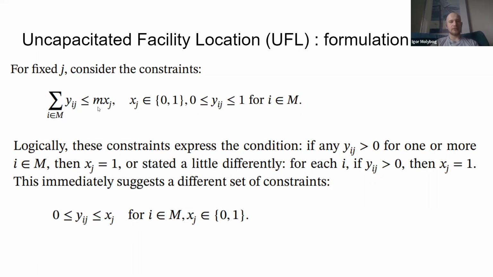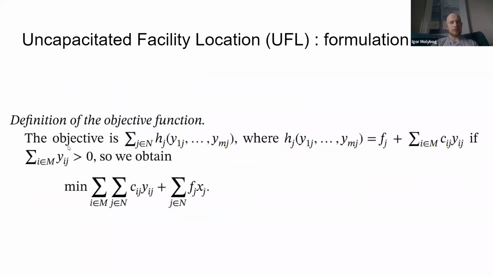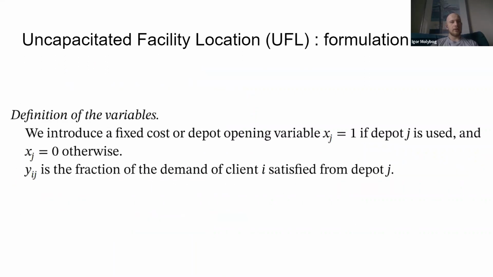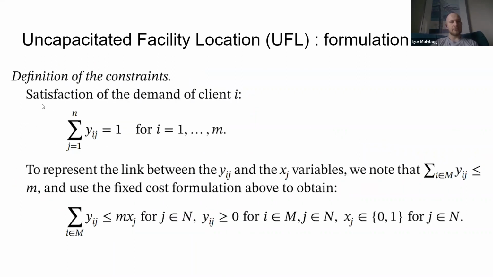The other constraints are the satisfaction of the demand constraint of client i, which means that the sum over all depots j of yij, the portion of the demand that is being satisfied, must sum up to 1.